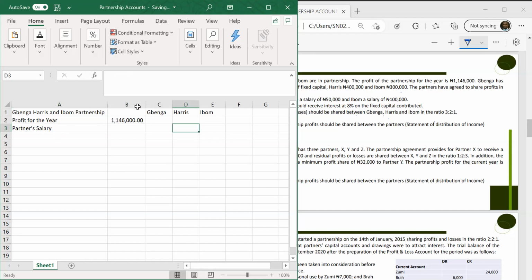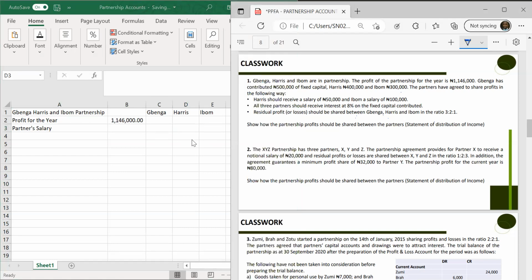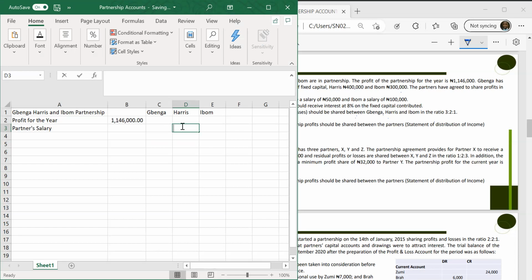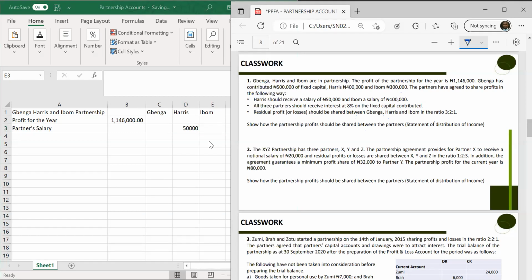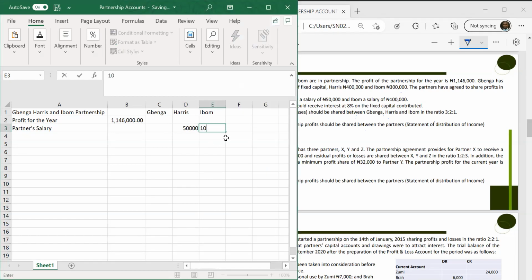How much is it? Harris is 50,000 and Ibom collected how much? 100,000.